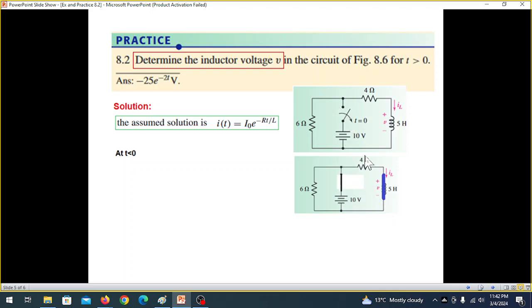So from this path, we can calculate the IL0. So IL0 or I0 is 10 volt divided by 4 ohm, so 2.5 ampere.